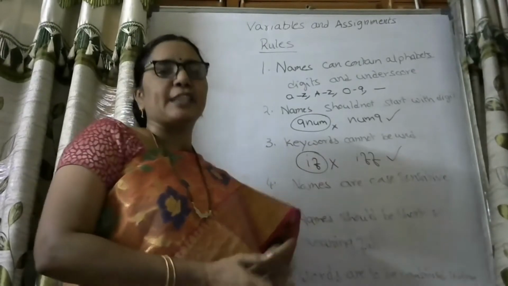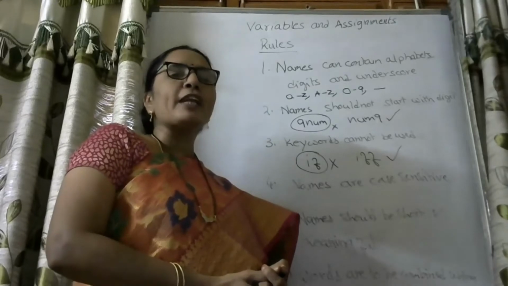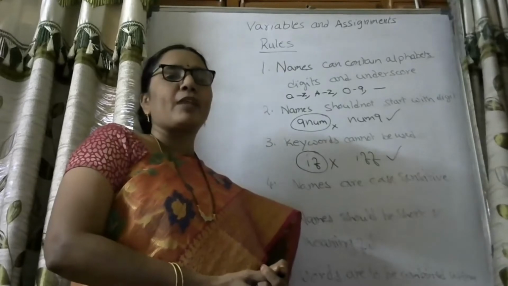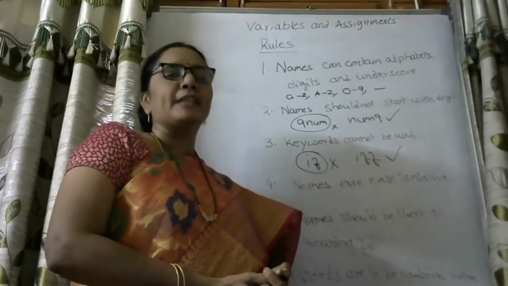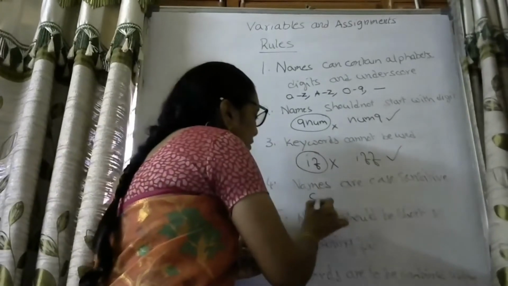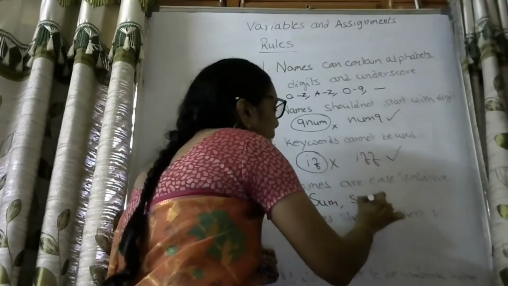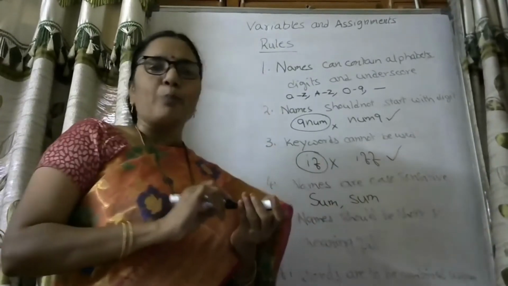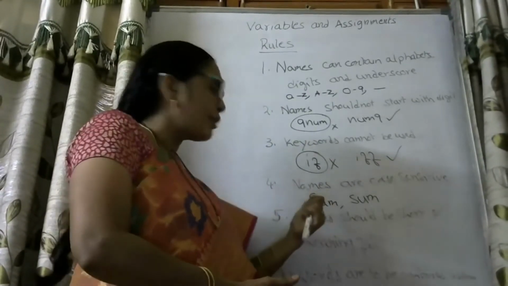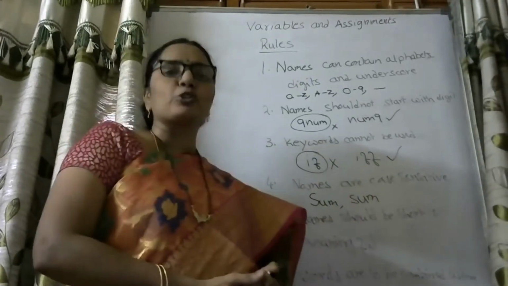Names are case sensitive, which means that lowercase alphabets are treated differently when compared to the uppercase alphabets. So, if I write Sum and if I write sum, here both the variable names contain the same spelling. What is the difference? In the first example, I have used the capital S. In the second example, I have used the small s.